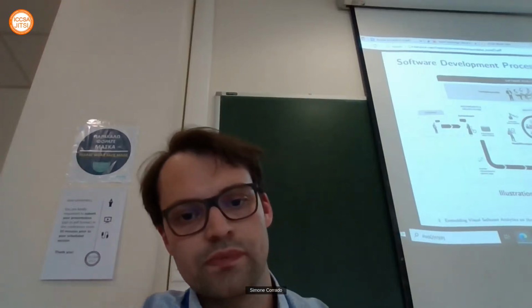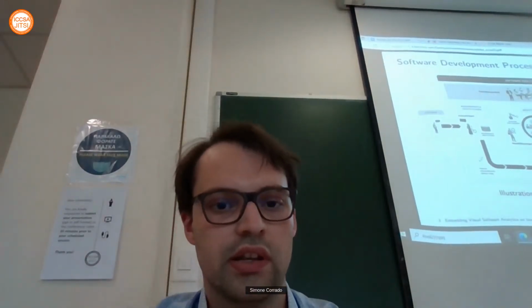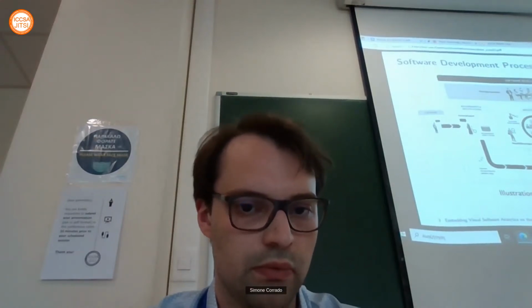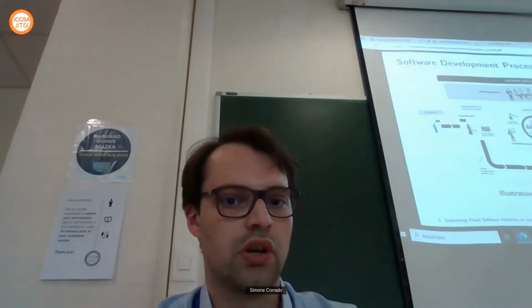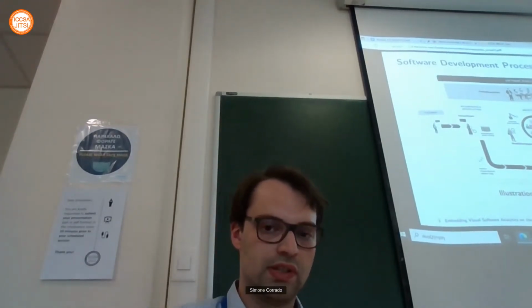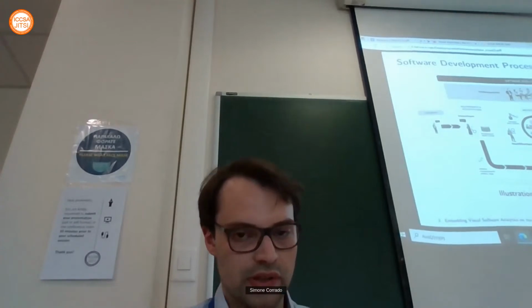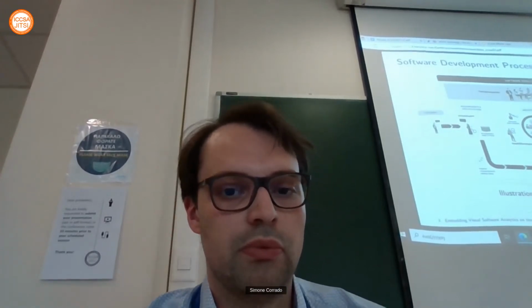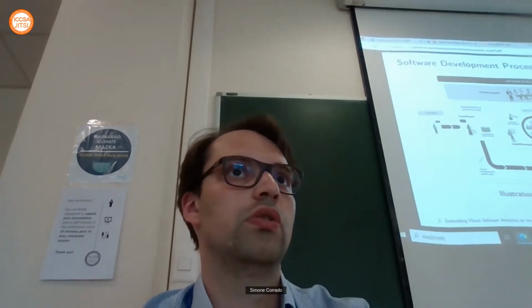In every stage, different data is generated. For example, when the developer pushes their code into the version control system, each commit is stored and can be analyzed by, for example, machine learning techniques as shown in the previous talk.